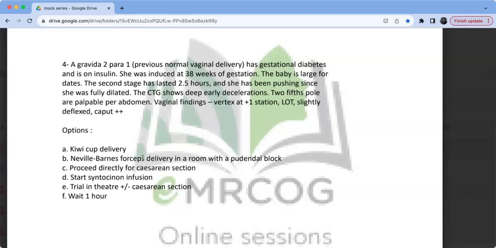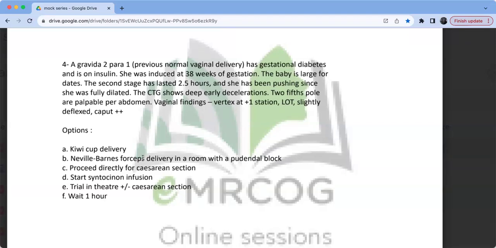The CTG showed deep early deceleration. 2/5 palpable per abdomen. Vaginal finding: vertex at +1 station, left occipito-transverse, slightly deflexed, caput 2+.